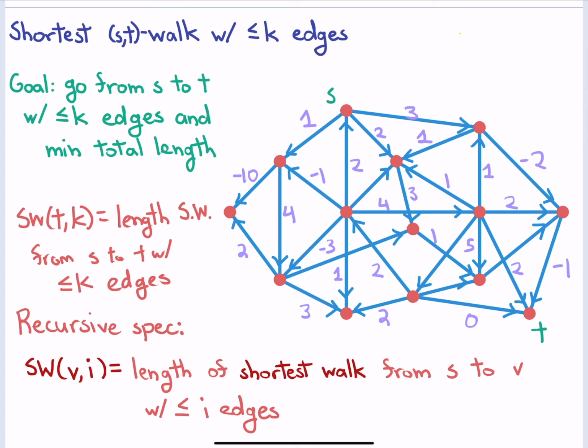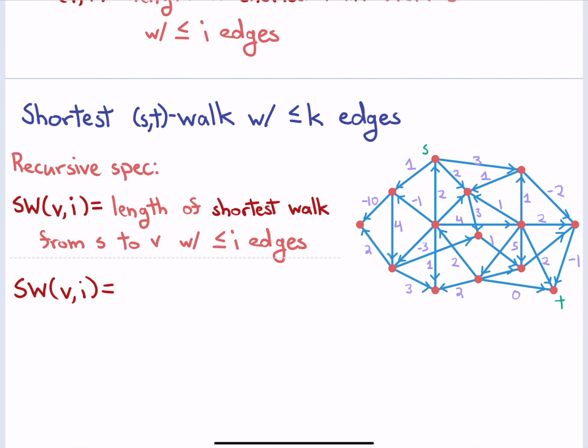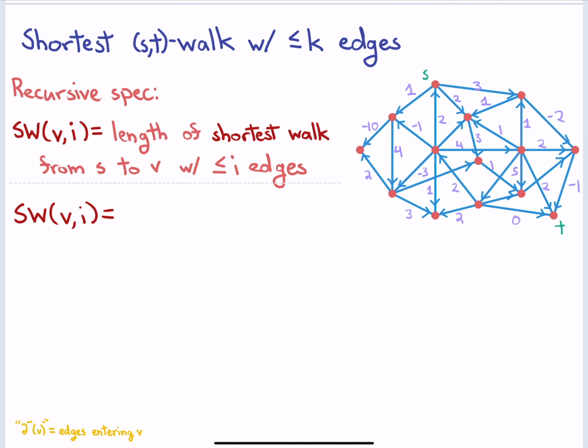It seems natural that V is going to be useful because then we can choose our intermediate vertices. All right, so if we want to implement this, help me implement it. Sure, just tell me what to do.